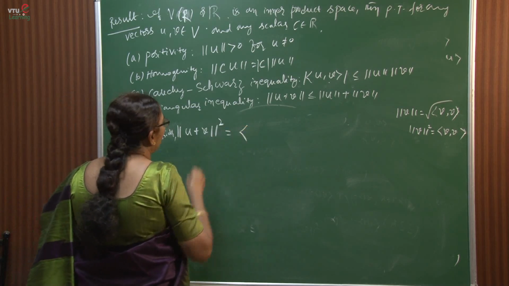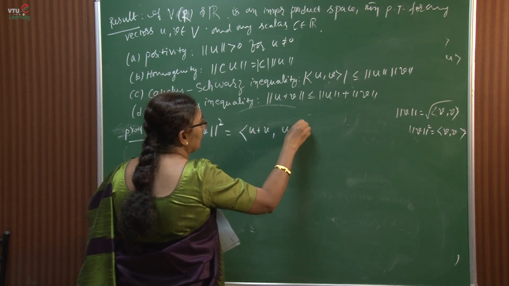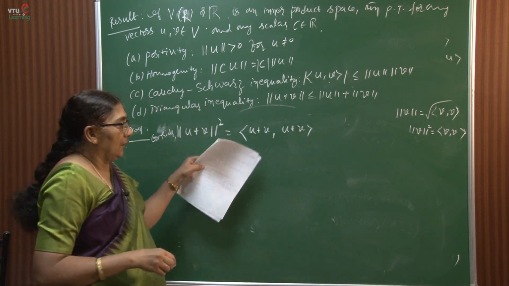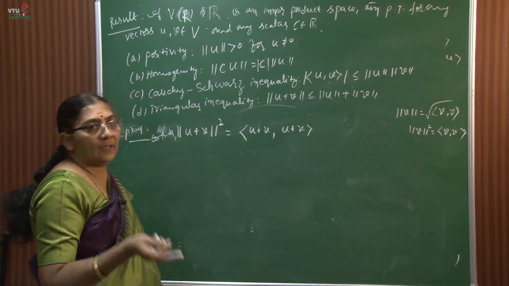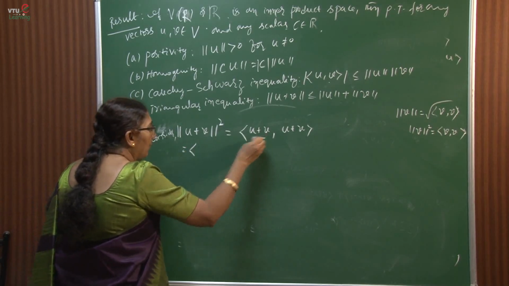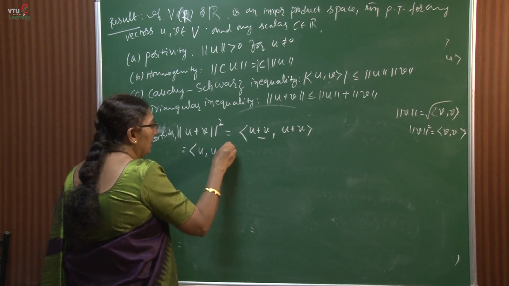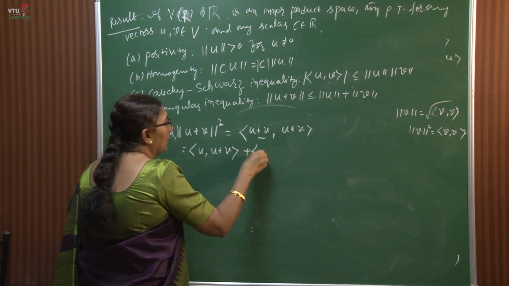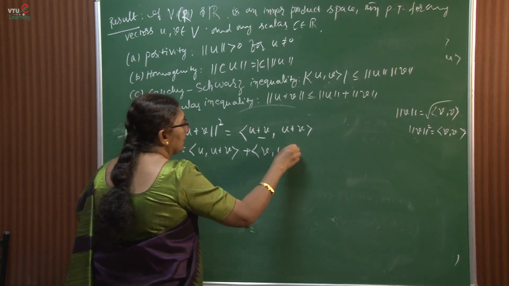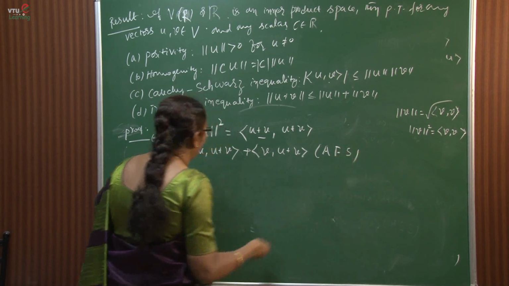From the definition of norm, this is the inner product of u plus v with u plus v. Applying additivity of the first slot, we get inner product of u comma u plus v plus inner product of v comma u plus v. This is additivity of the first slot.